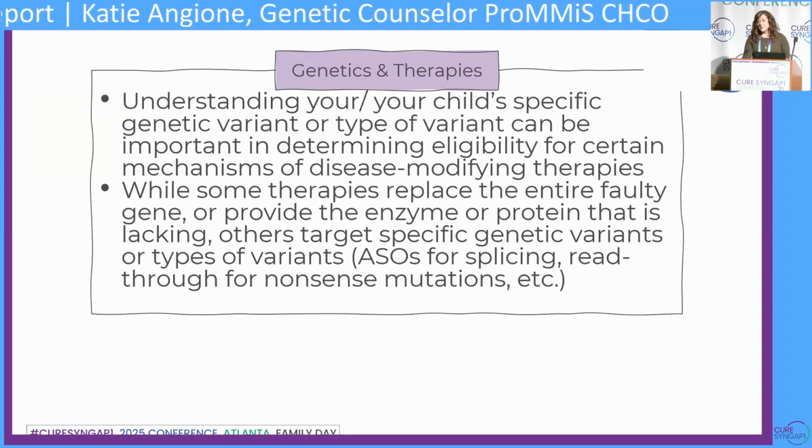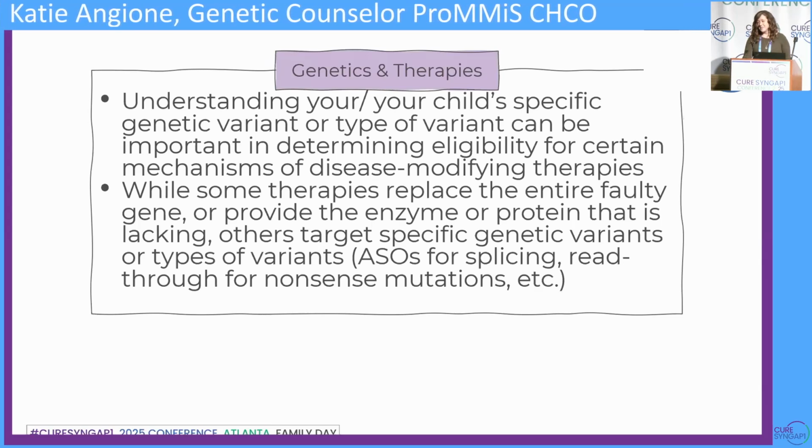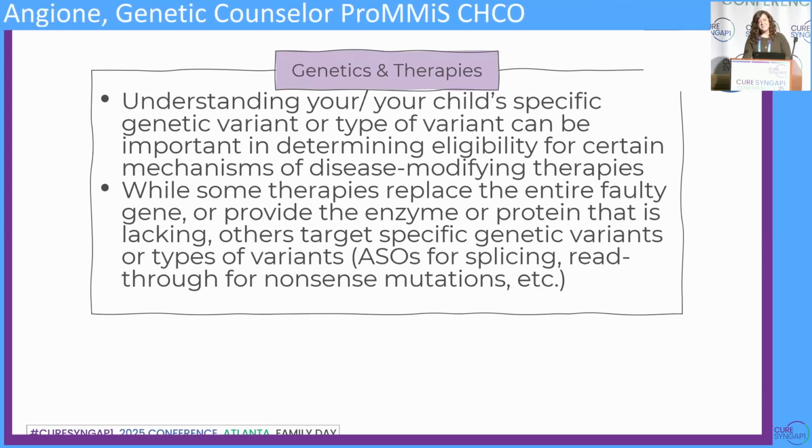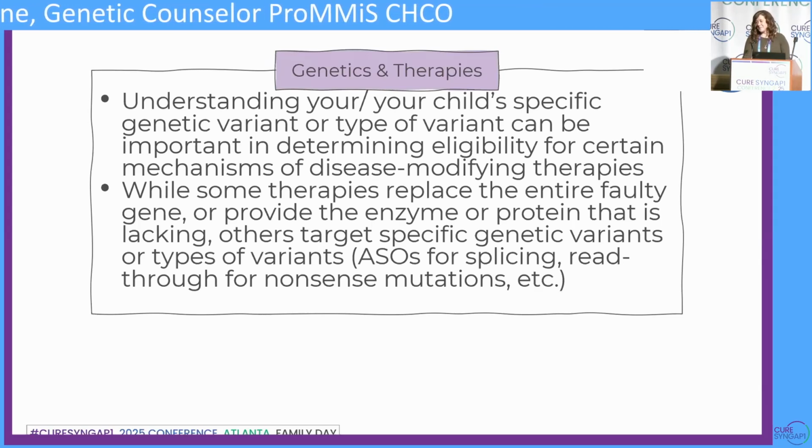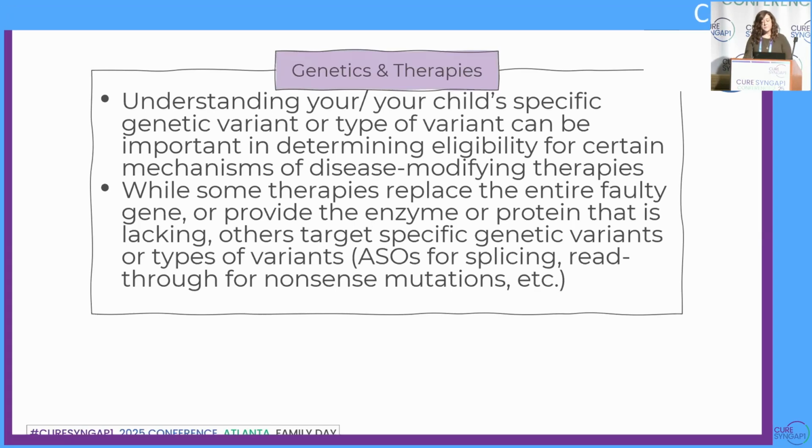We have something called read-through for nonsense mutations in some conditions. It's not something that immediately is relevant right now, since we're still working out what therapies might work for Syngap. But when we get to the point that there is a trial or a therapy available, it will be helpful to understand exactly what kind of genetic mutation your child has, because it helps to understand what they might qualify for.